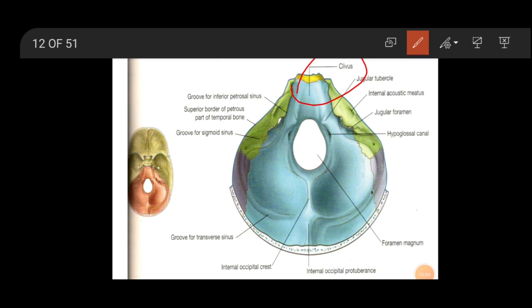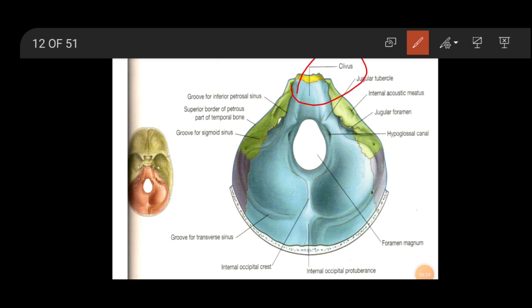It is formed by the union of the basilar part of the occipital bone and the body of the sphenoid, in the midline.